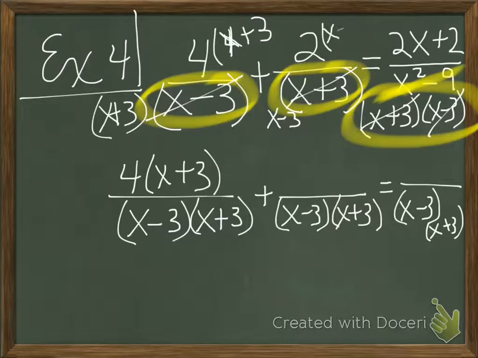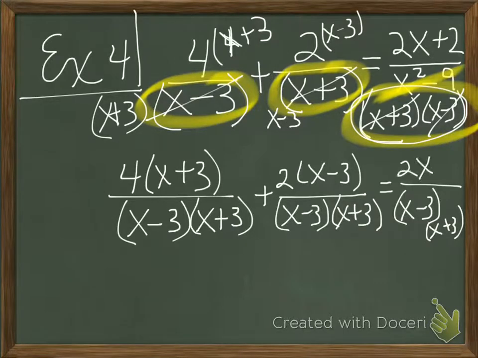So multiply your numerator by x minus 3. 2 times x minus 3. For 2x plus 2 over x squared minus 9, this denominator is the same denominator that I'm getting, and so 2x plus 2 is the same. It doesn't get changed. Alright, so now we have the least common denominator.